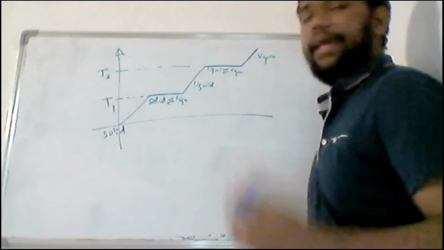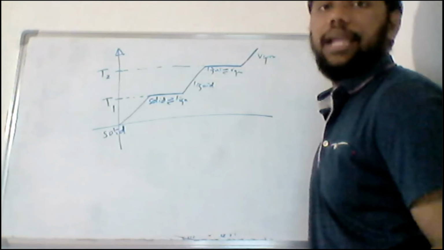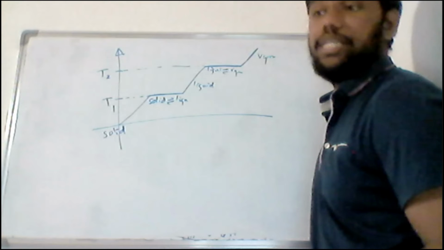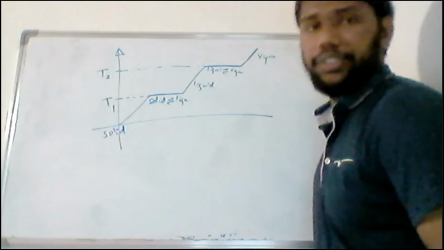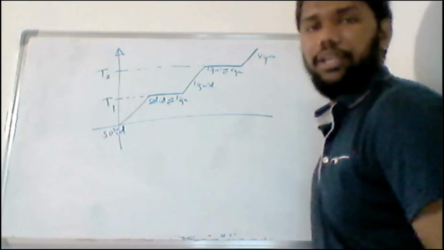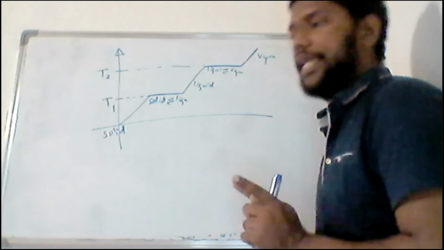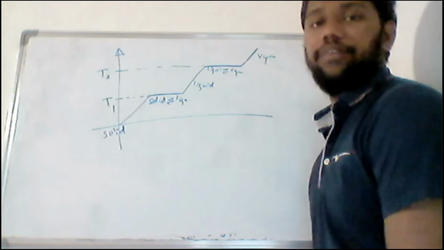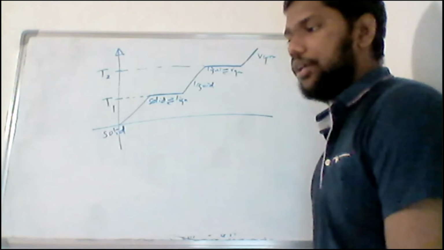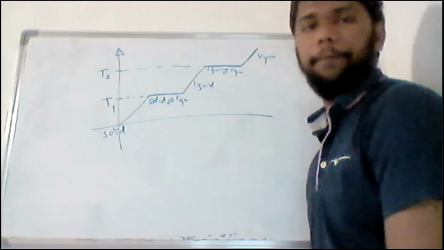The point they have given here is that the enthalpy of vaporization is higher than the enthalpy of fusion. What does it mean? It means the amount of heat we should give to vaporize is very large, so you need to heat for a larger period of time.